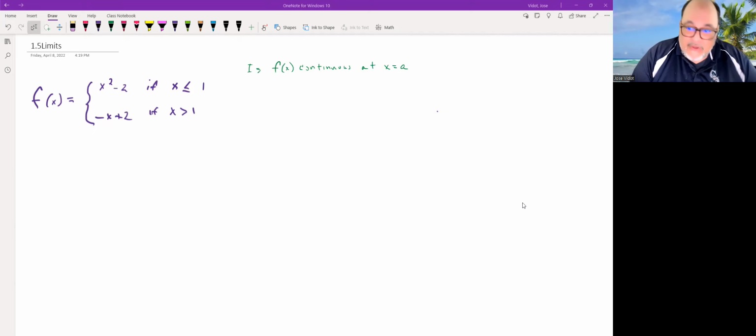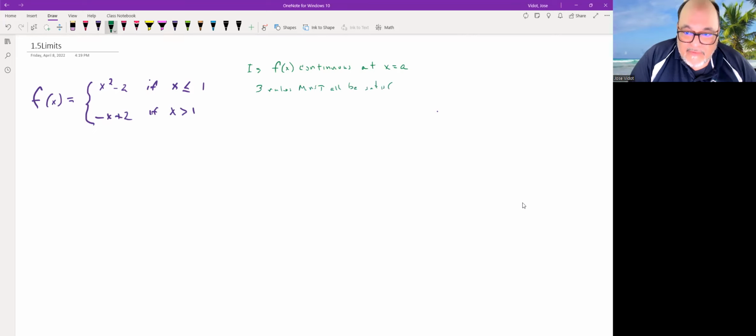So the first one is that if we're trying to determine if some function is continuous at some x value, you need to make sure that that function, first of all, is defined at that value. So therefore, you have to say the first rule, three rules must all be satisfied.